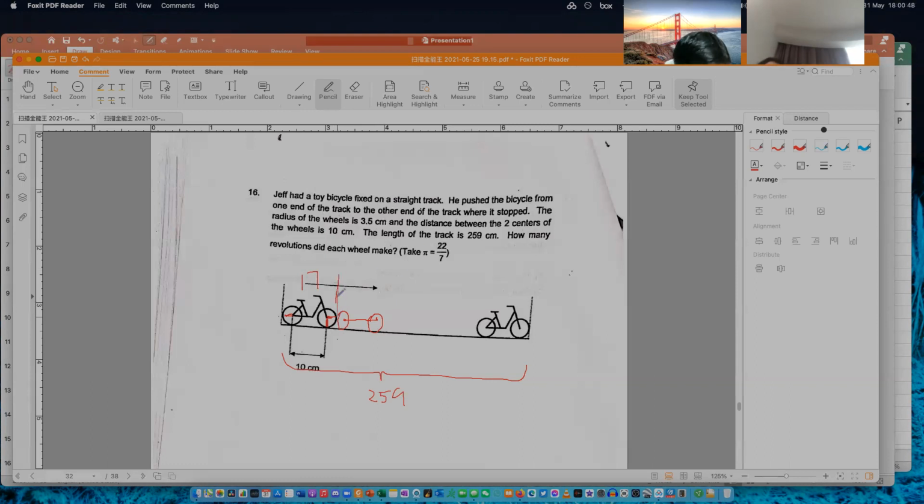So basically, you need to find out how many 17 you have first. I mean, within your 259, can you divide? Do you have a whole number? So 259 divided by 17, you cannot get a whole number.